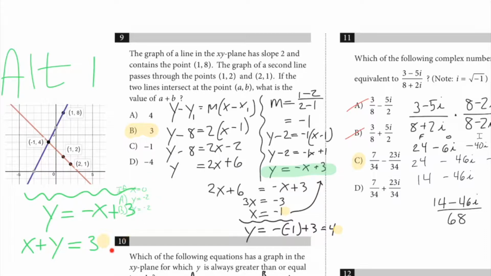There's another alternative. Knowing that these 2 points add up to 3 is one way of creating the equation x plus y equals 3.